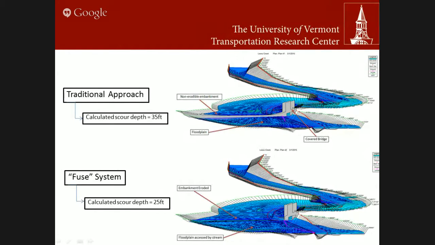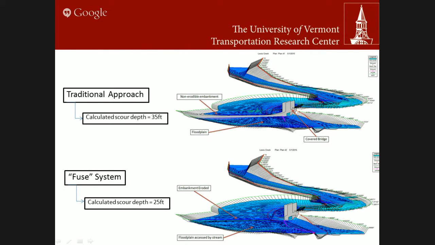And so we were able to use HEC-RAS's in-house scour calculator. For the traditional approach of building, we found a calculated scour depth of 35 feet, which is very, very large. We did our best to calibrate it, but HEC-RAS has some pretty well-known issues with overestimating scour.